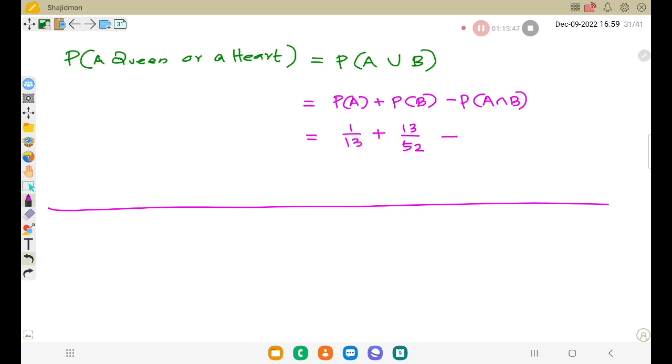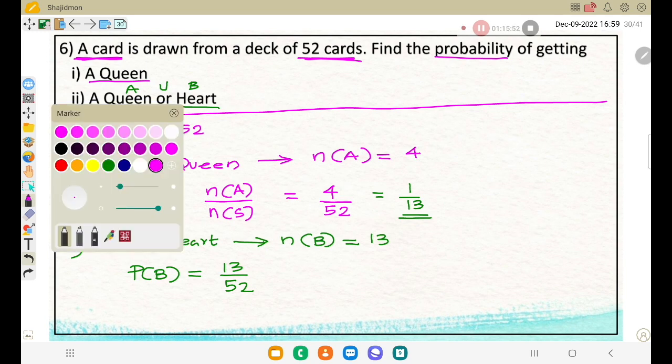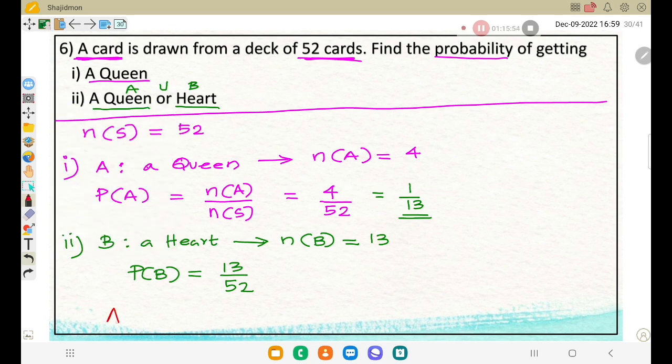A intersection B, what is the meaning? I am writing here, A intersection B. A means a queen card, correct? Intersection means and. B means a heart card, correct? So, queen and heart. How many cards are there?